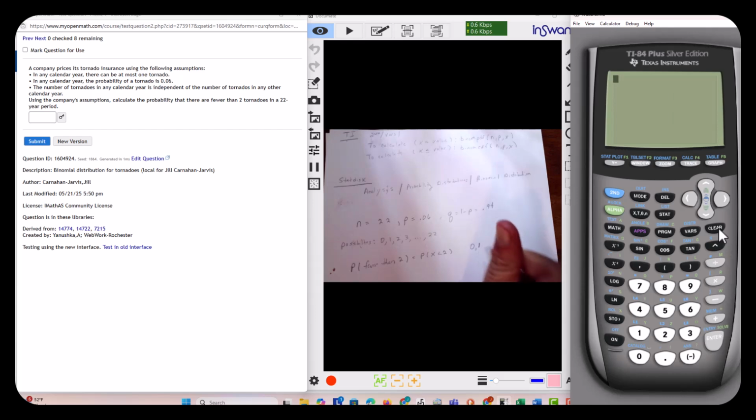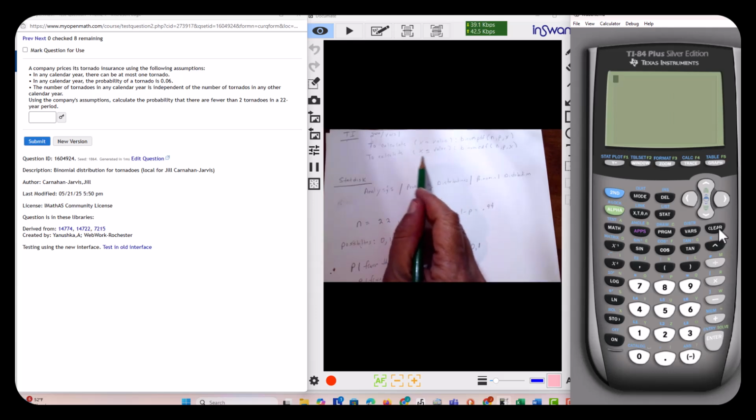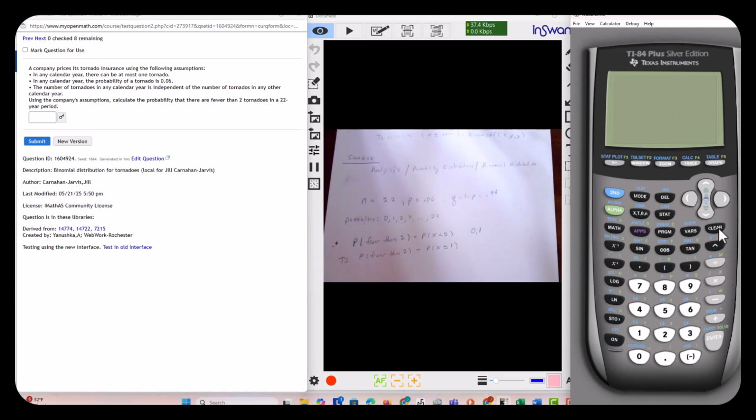Because this is on the TI, you have to do less than or equal to. So for the TI, I have to rewrite this: the probability of fewer than 2 is the same thing as the probability that X is less than or equal to 1. So let's do it on the TI. Let's go to second, bars.